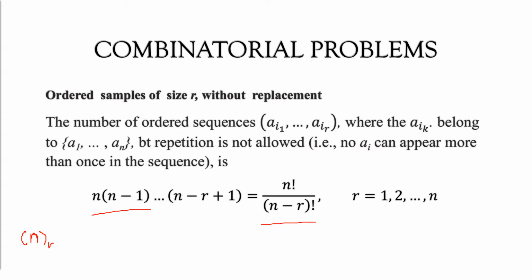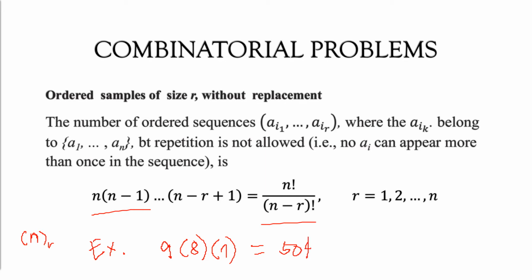For example, let's say a three-digit number can be formed from the digits 1 to 9, if no digit can be repeated. If no repetition is allowed, then we have 9 times 8 times 7, which is equal to 504.